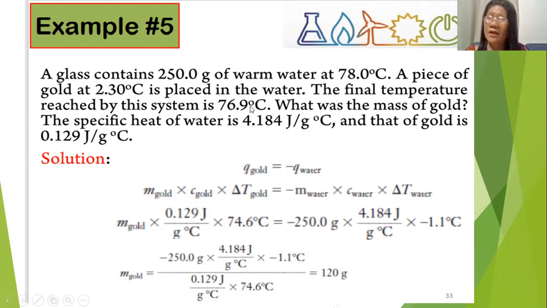Okay. If you look into this, what happened? You have already two bodies: the water and the gold. So how are you going to compute for your heat? You will have two heats here.